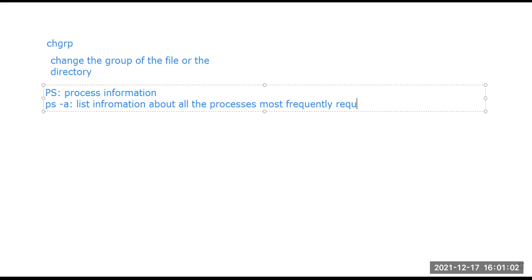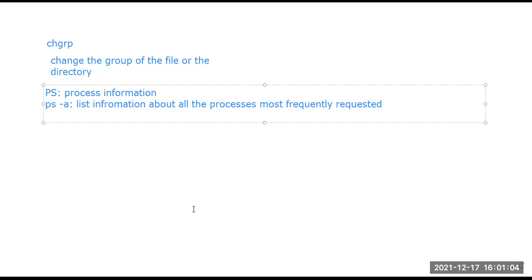First, we can say ps -a. With this ps -a option, we can list information about all the processes that are most frequently requested.